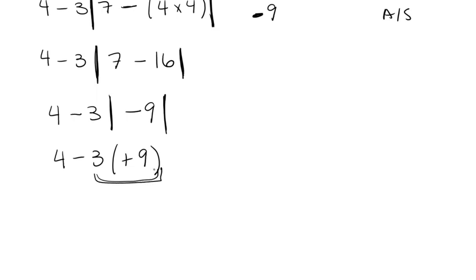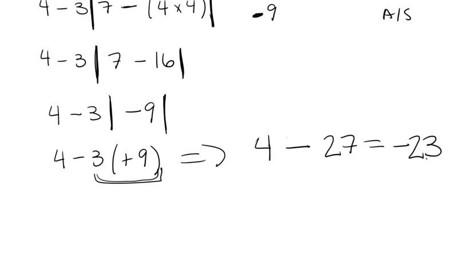We're going to multiply 3 times 9. This becomes 4 minus, and then 3 times 9 is 27. So we have 4 minus 27, which is equal to negative 23. Because we can just go 27 minus 4, which is 23, but we keep the sign of the larger number, which is negative. So we have negative 23 as our final solution.